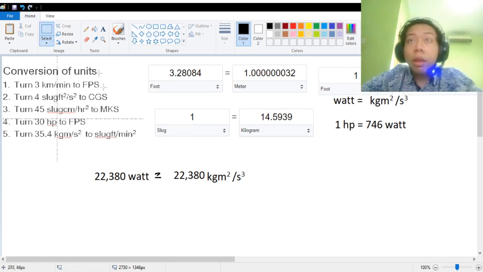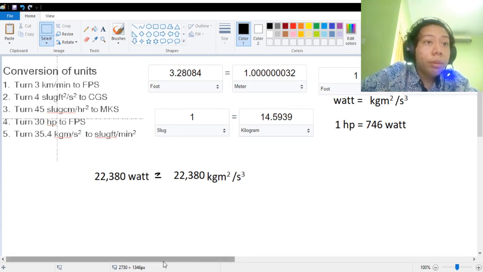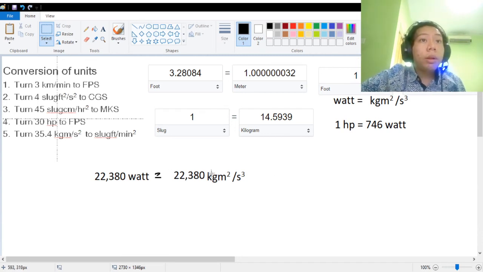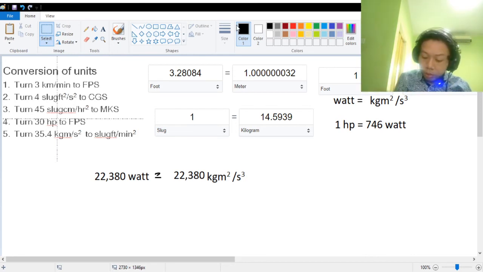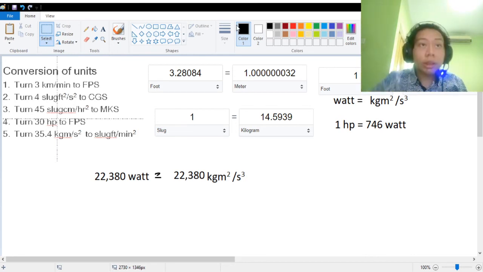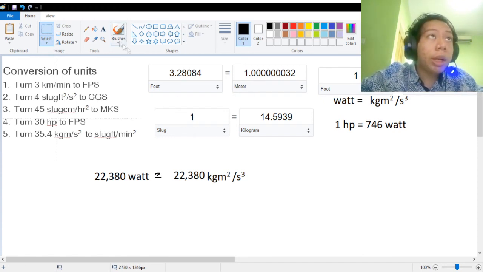Then the question says that we have to convert it to FPS. So kilogram, we need to convert it to slug. Yes, in FPS we use slug for the mass.